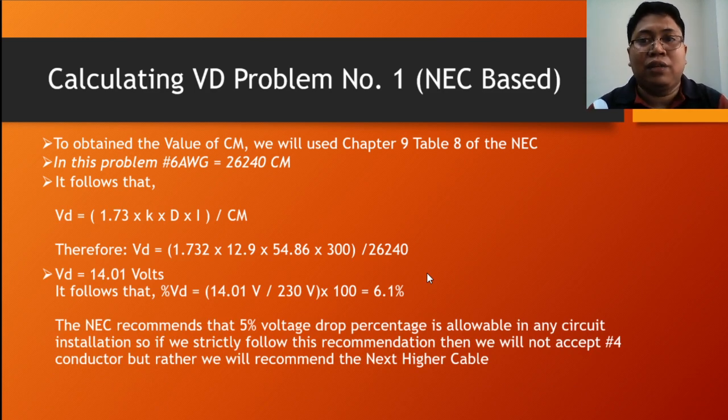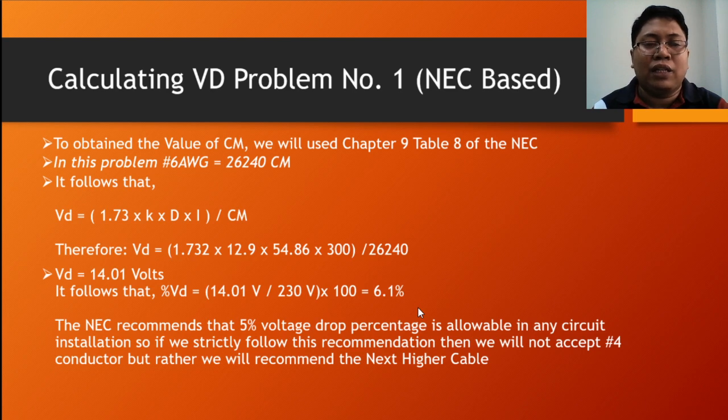So, kanina parehas din naman doon sa Philippine Electrical Code nung kinumpute natin yung 14 mm squared. Same scenario, umabot pa rin ng 6.1%. Technically, hindi siya ina-accept ng ating code dahil masyadong mataas. Remember, ang sinasabi ng code, even National Electrical Code or Philippine Electrical Code, dapat ang combination ng voltage drop ng feeder at ng branch circuit is less than 5%.